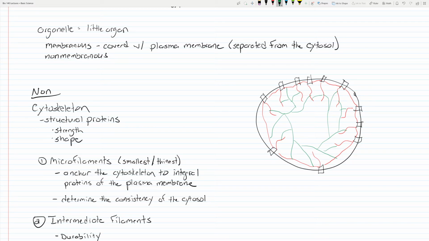And occasionally, let's do a different color, let's do a purple. And let's say we have a nucleus right here. Some intermediate filaments will go in and attach to this nucleus.